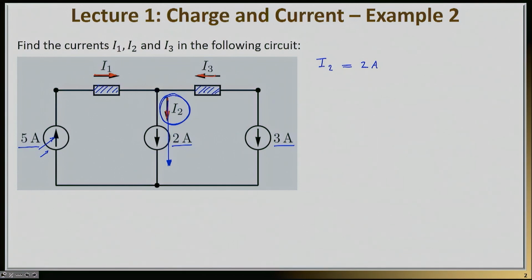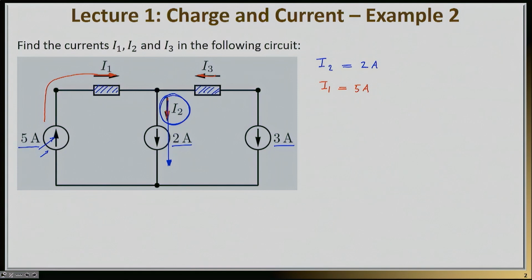In a similar way, we can start looking at currents I1 and I3. For example, if I look at this current I1, it really is nothing different than the current that actually comes out of this 5 amp current source. So if I look at this current I1, I will basically be able to write down that I1 is equal to 5 amps.